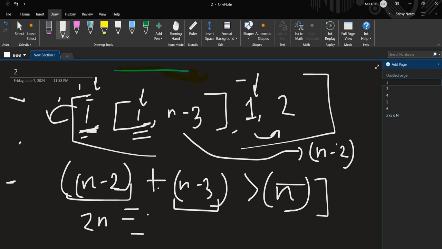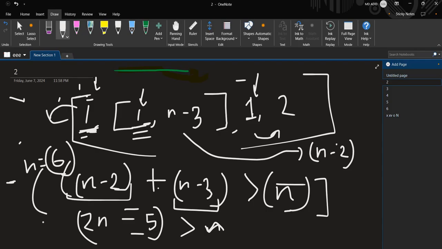And shouldn't this be greater than, it's 2n minus 5, shouldn't this be greater than n? It has to be. I mean, come on, n starts from 6, so if I even take the minimum value of n, 6 times 2 becomes 12 minus 5, which means 7. So 7 is always greater than 6.